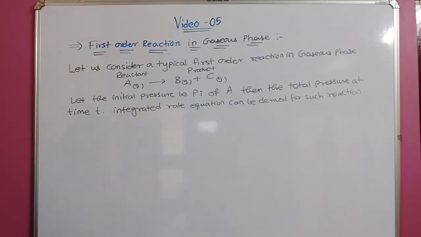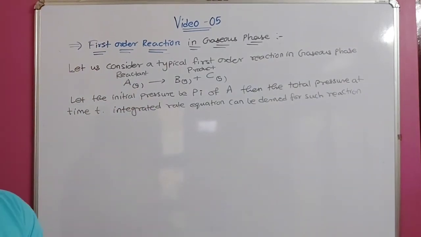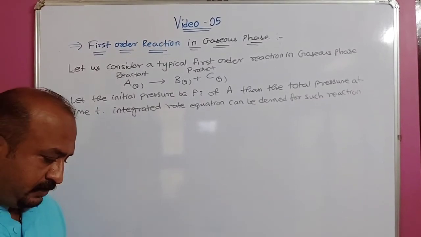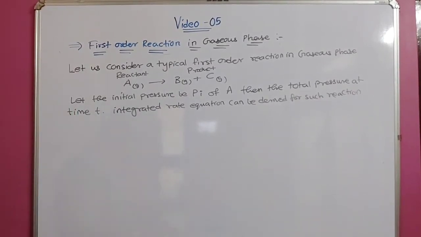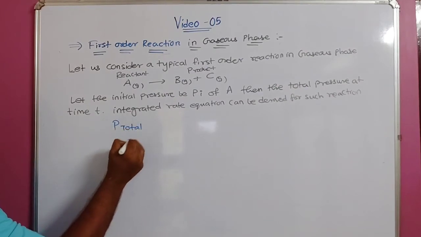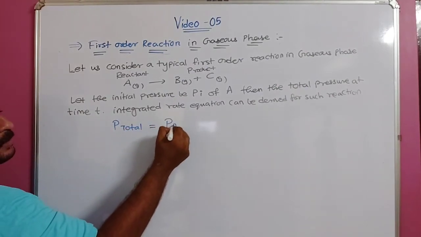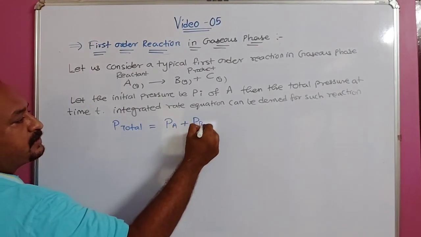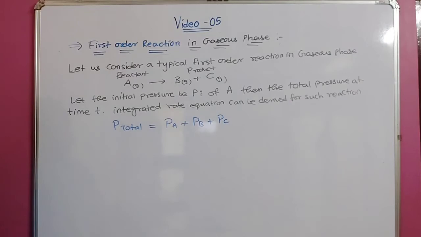Now the integrated rate equation for such a reaction can be derived. Suppose the total pressure, what does P total represent? The total pressure will be the partial pressure of A plus the partial pressure of B plus the partial pressure of C. This is the total pressure.